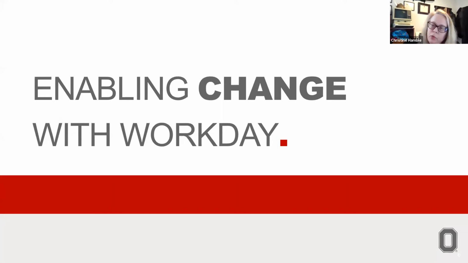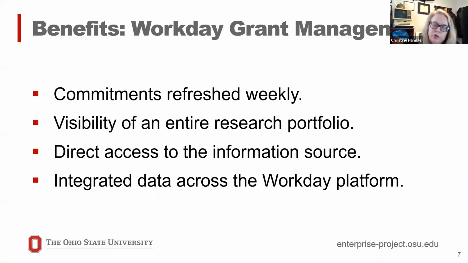So let me say a few words about the kind of improvements that you're going to see in the new environment. Most important, I think, for you to know is that most grants management administration tasks that you would have to do will be in one place. So if it's not in Workday, for example, let's say Buck IRB, you'll be able to link out to that from within Workday.